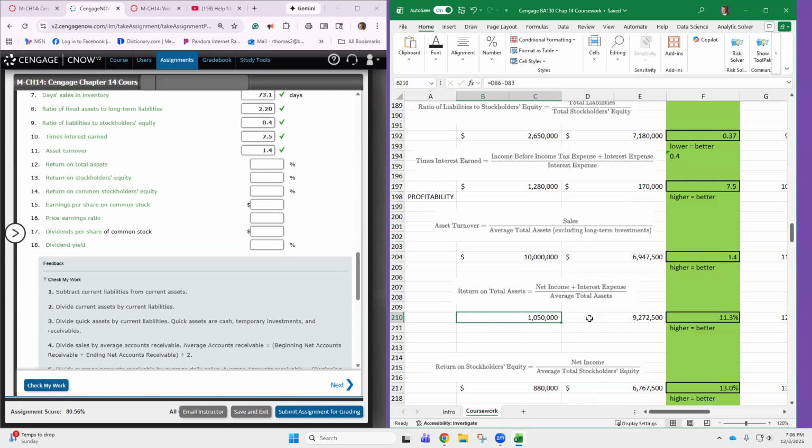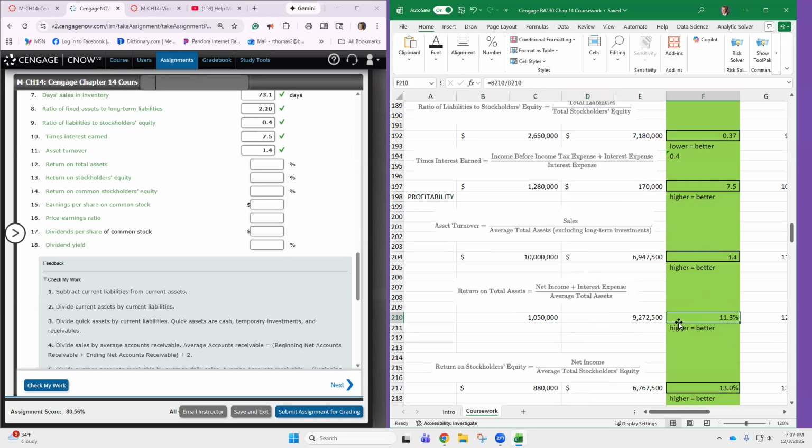Now, these average total assets do not exclude the long-term investments. So they're simply the total assets for each year added together and divided by 2. Notice this is a percentage. All of these returns are percentages as opposed to just plain numbers.